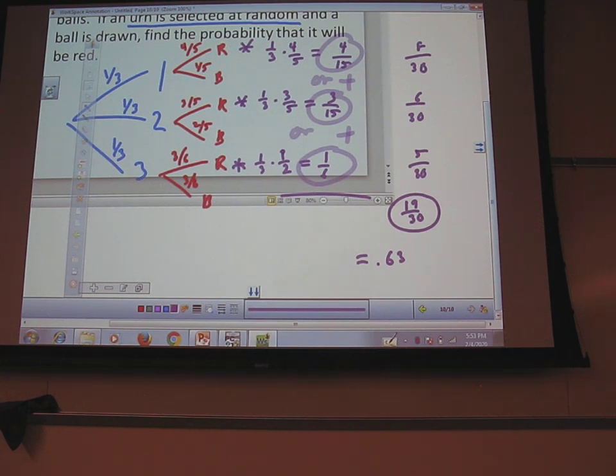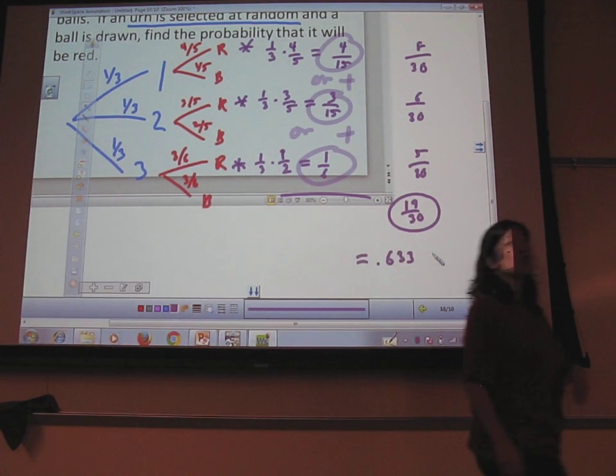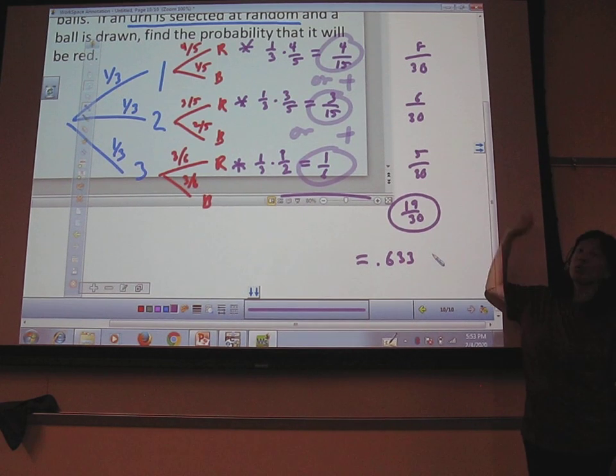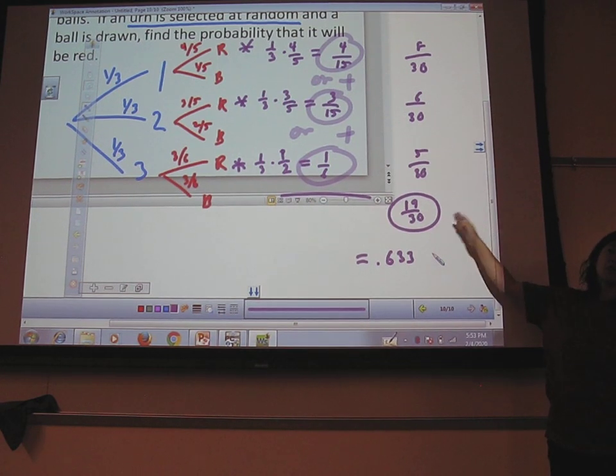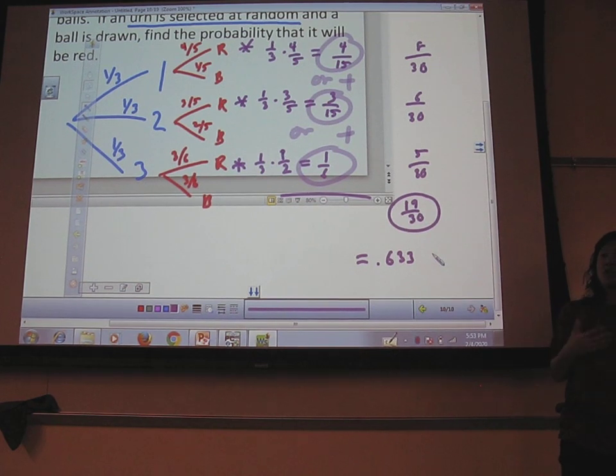Yeah, I just rounded it here. Yeah, 0.633. So again, if you got 0.634, make sure that you gave yourself 4 or 5 decimal places, and then add them, and then round. Otherwise you could have some issues because of rounding error.